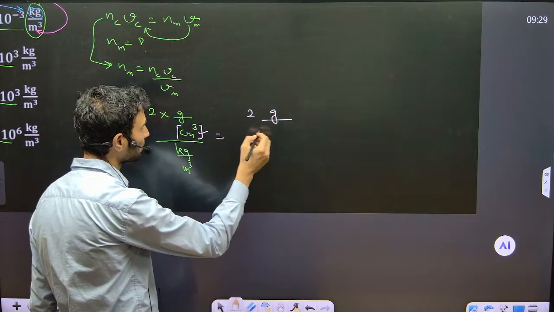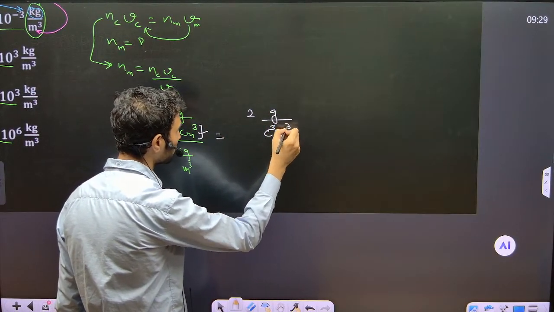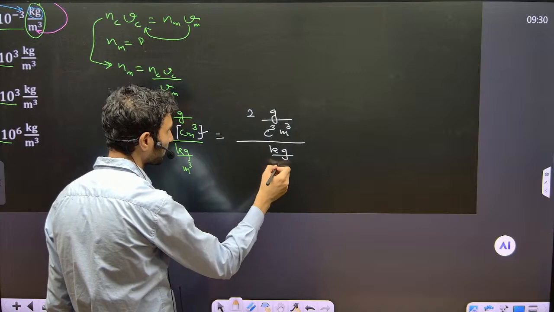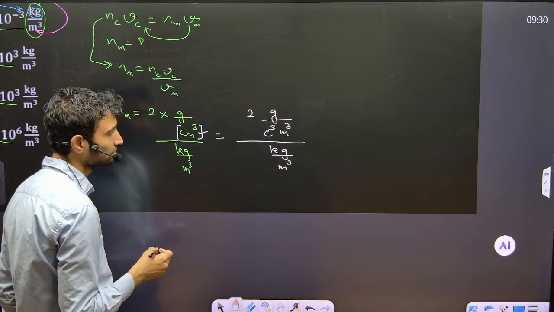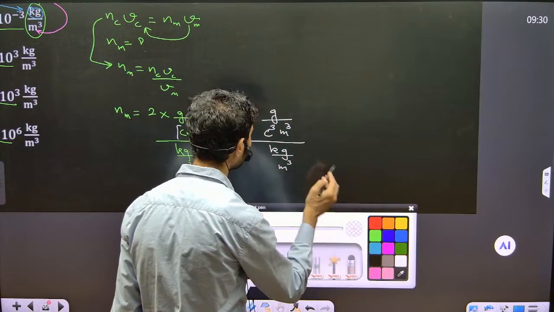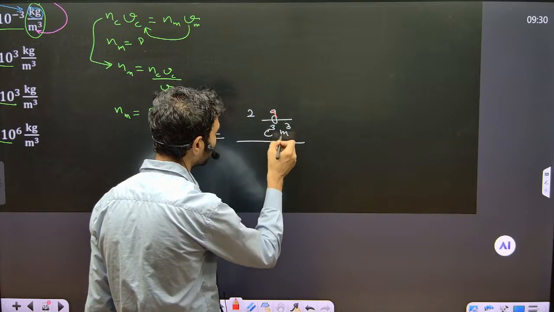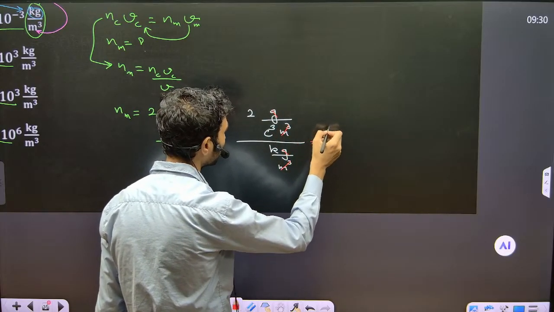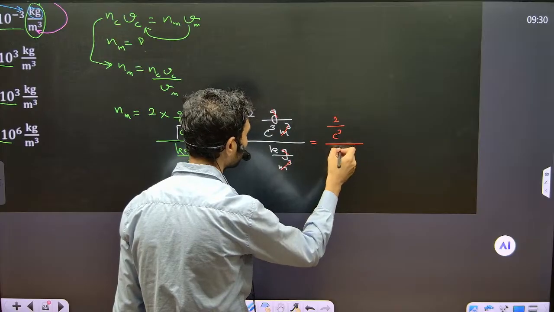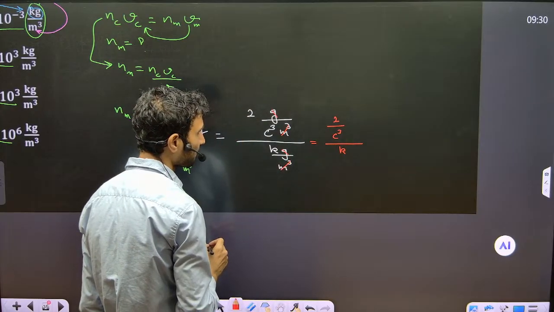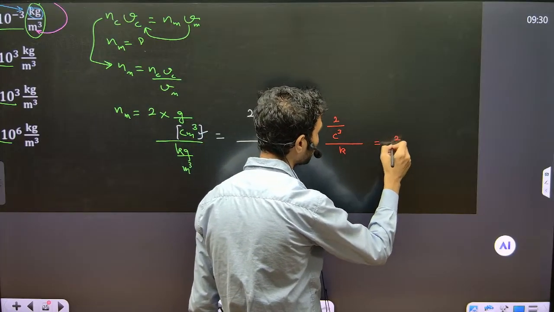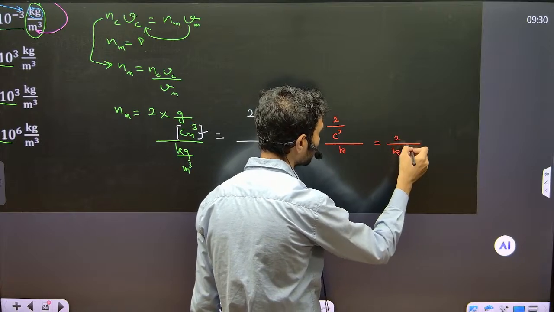So this will become centi cube meter cube, whole divided by kg divided by meter cube. Then you can see the terms get cancelled: gram, gram, meter cube, meter cube. So we get 2 divided by c cube, whole divided by k, which is equal to 2 divided by k c cube.